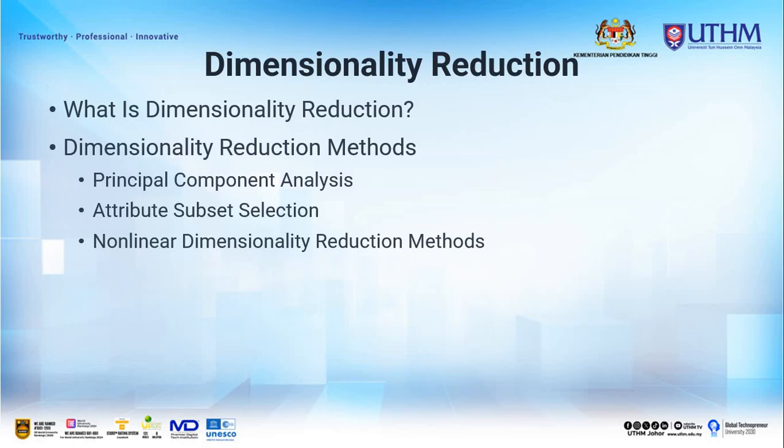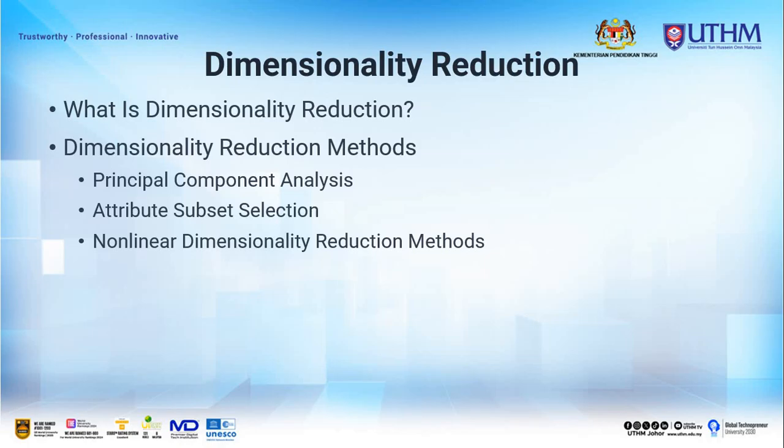Okay, why do we use dimensionality reduction? It reduces the computational complexity. It helps avoid overfitting by eliminating irrelevant or redundant features. It makes visualization and interpretation of high dimensional data feasible.